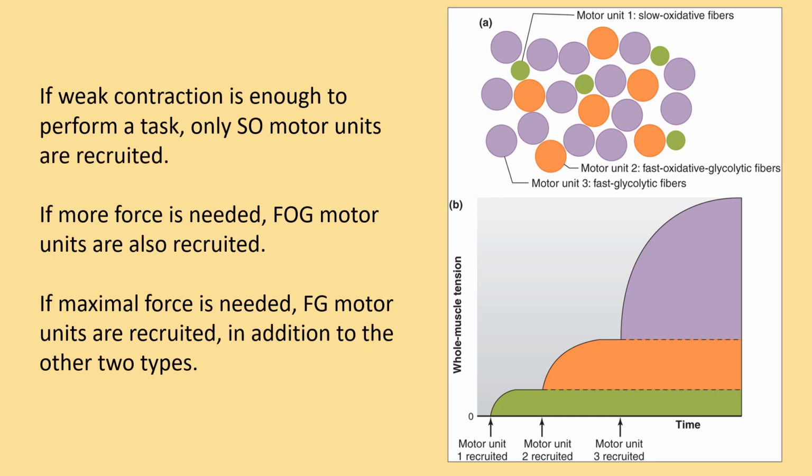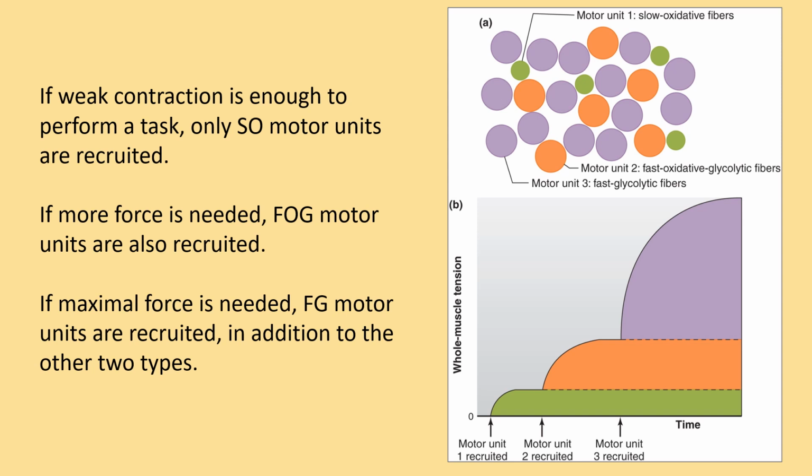The total tension generated by a muscle is influenced by motor unit recruitment, where each motor unit includes only one type of muscle cell, and each type varies in its ability to generate force. So if just weak contraction is enough to perform the task, to do whatever your body needs to do, only the slow oxidative motor units are recruited, and that generates a little bit of tension.